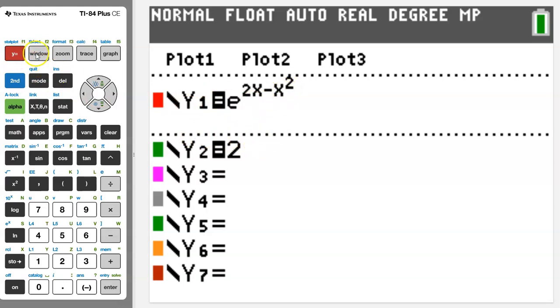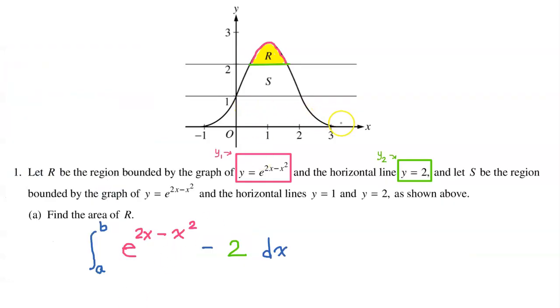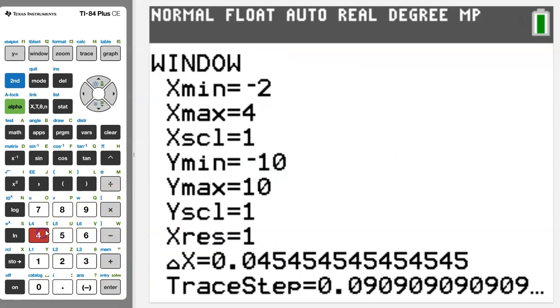Before we graph, let's adjust the window. Looking back at the picture that they gave us, let's think about an appropriate minimum x and a maximum x and a minimum y and a maximum y. To include this picture, let's do a minimum x of -1 and a maximum of 3.